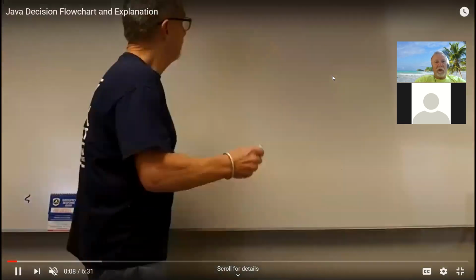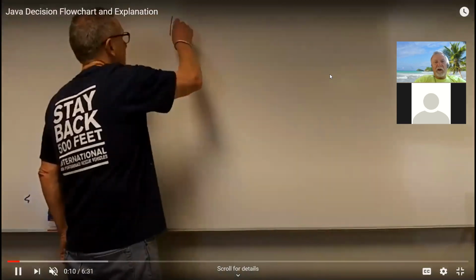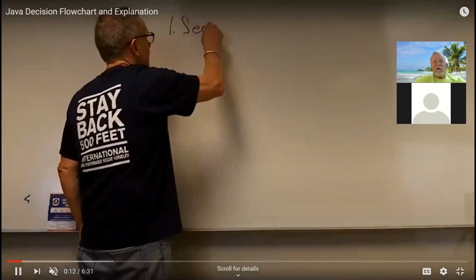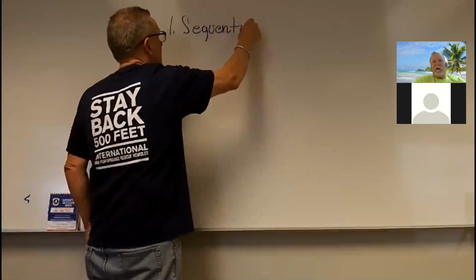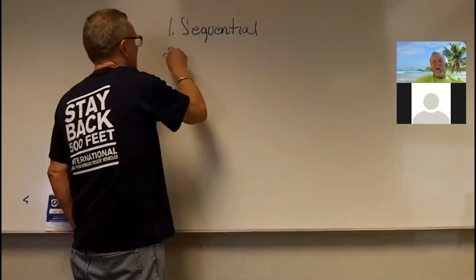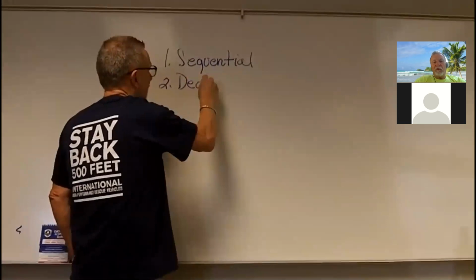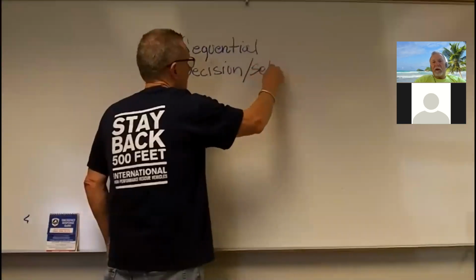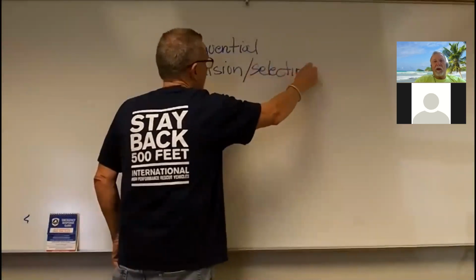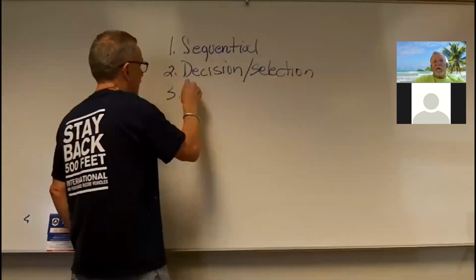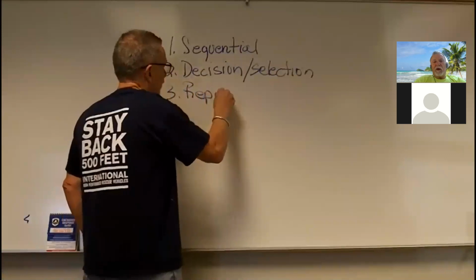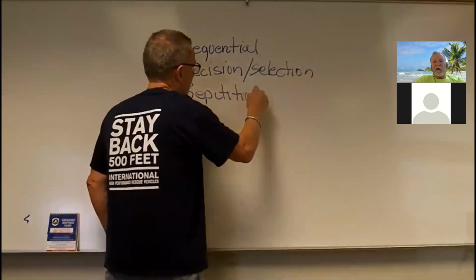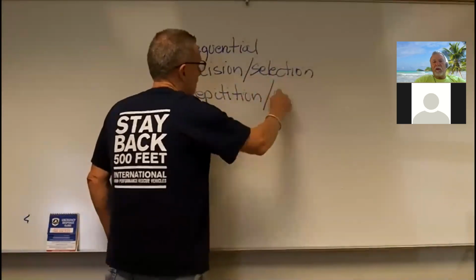Okay, so I'm explaining here, we're going to talk about flowcharts and decisions. There are three different types of structural coding, before you even get to object-oriented programming. So I'm writing those on the board. The first one we're doing already, which is sequential. Tonight we're going to start looking at decision and selection.